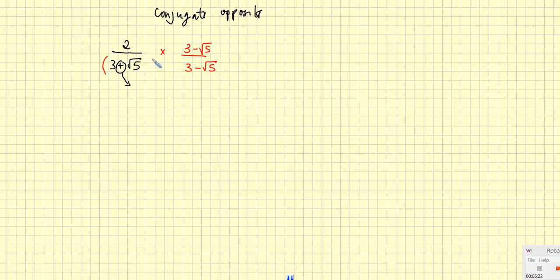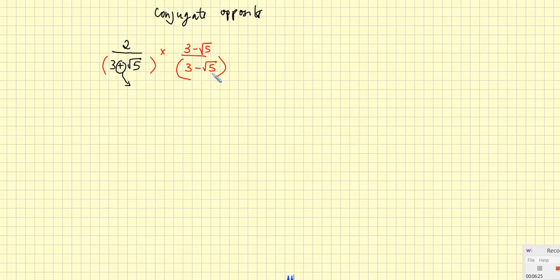Now, you may be asking yourself, why am I doing this? The reason why I multiply by the opposite is because I have created a difference of squares in the bottom, where I have two identical binomials, but one is positive and the other one is negative.